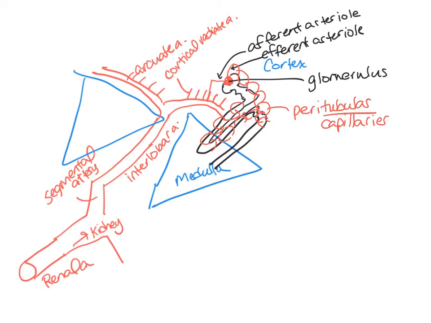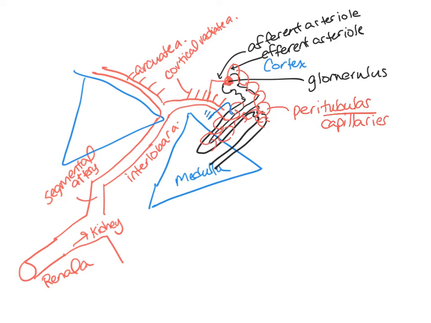Those peritubular capillaries are going to converge back together, and as they converge, they are dropping off oxygen at that point, and they will converge to become the cortical radiate veins.